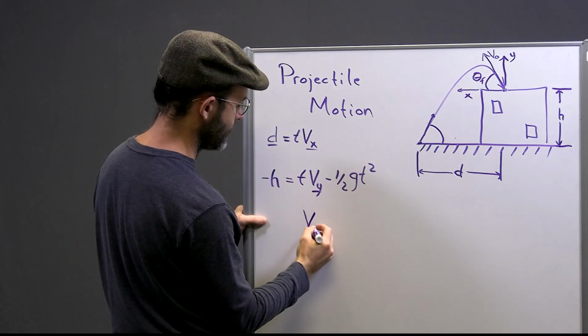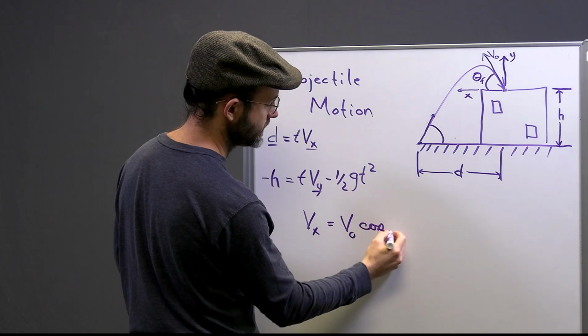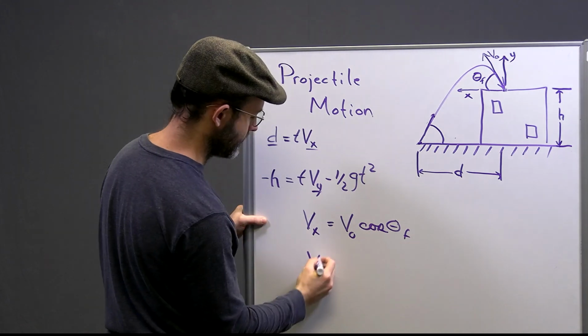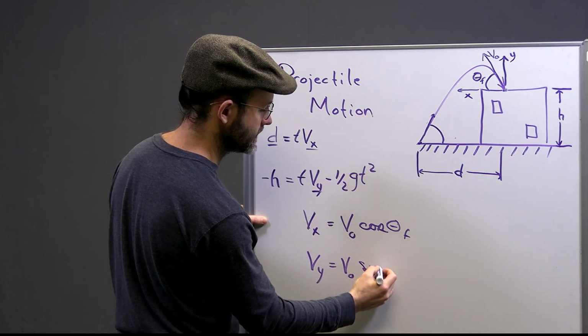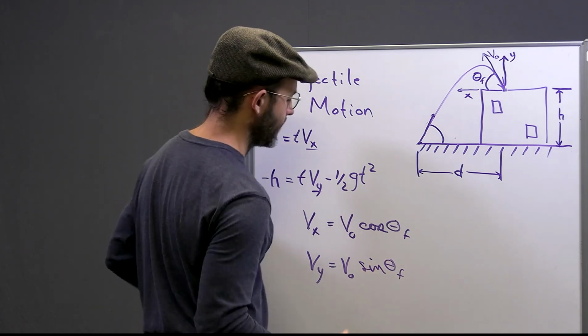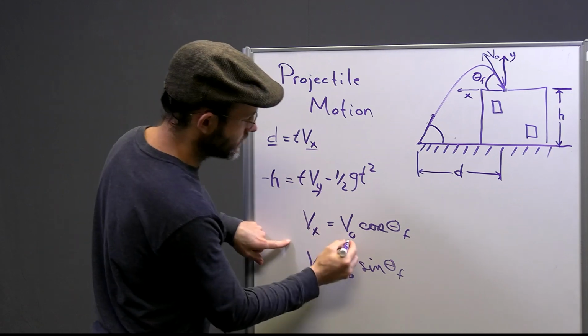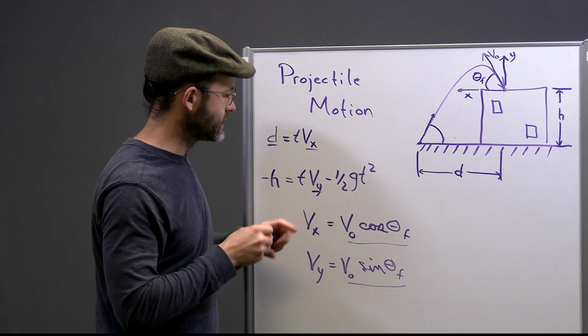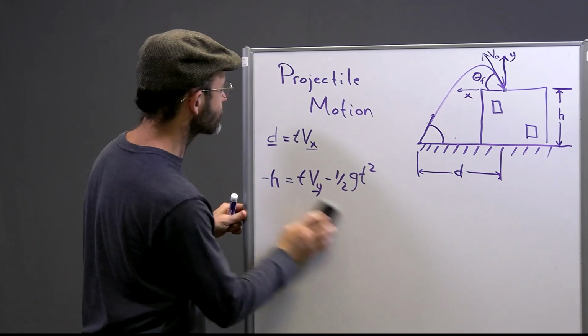Therefore, we can write Vx as equal to v naught cos theta f, and we can write Vy trigonometrically as v naught times sine theta f. We know theta f, therefore, if we substitute these expressions into our equations, we will have two equations with only two unknowns.